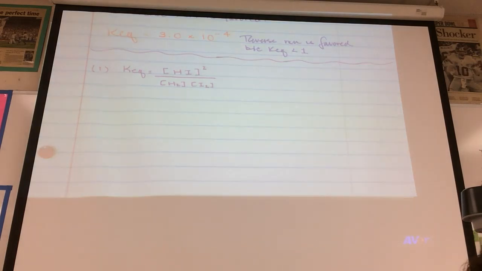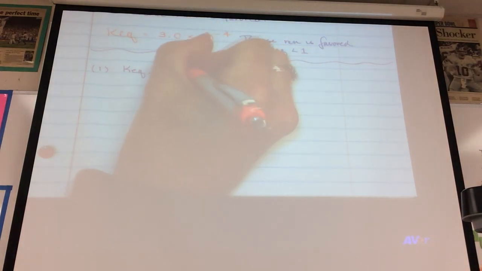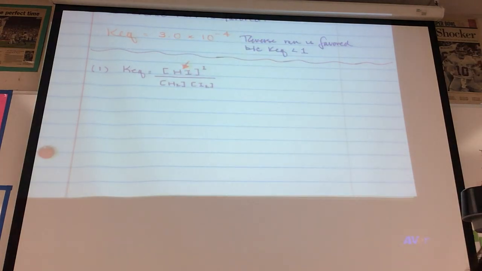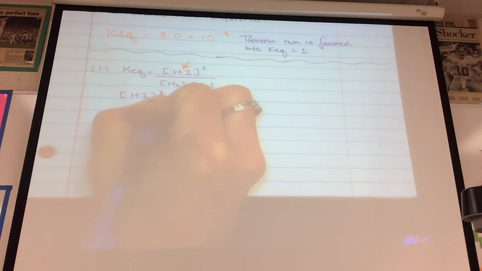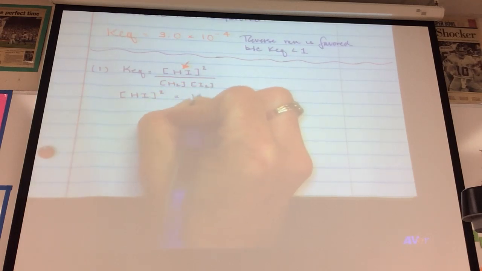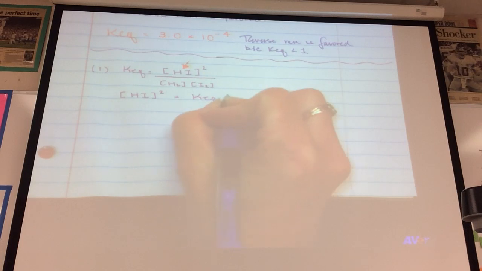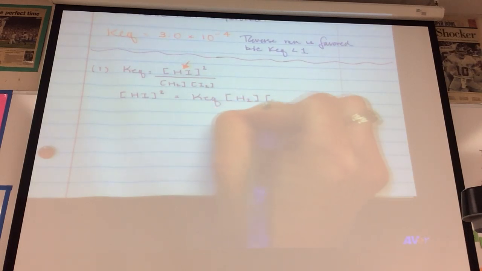And we want to solve for concentration of hydrogen iodide. I am going to cross multiply. I'm going to have hydrogen iodide concentration squared is equal to KEQ times hydrogen gas times iodine.